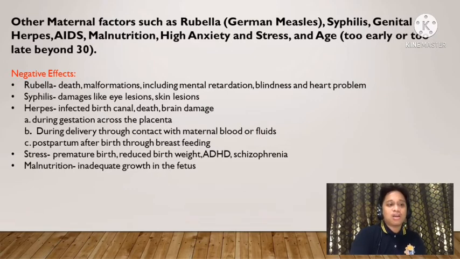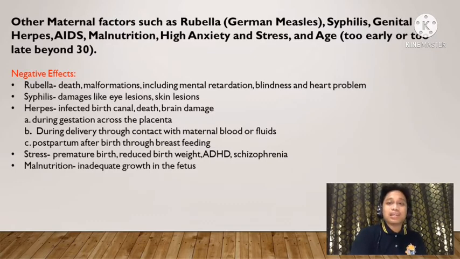Next is syphilis. It causes damage like eye lesions and skin lesions. Next is herpes. It infects the birth canal, and it can also lead to death and brain damage.